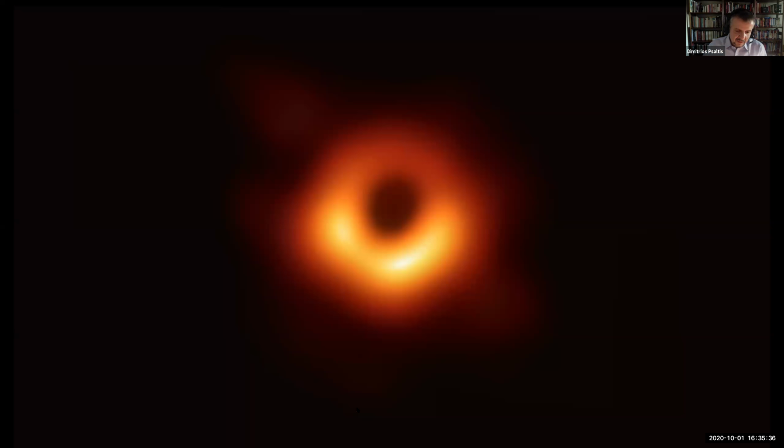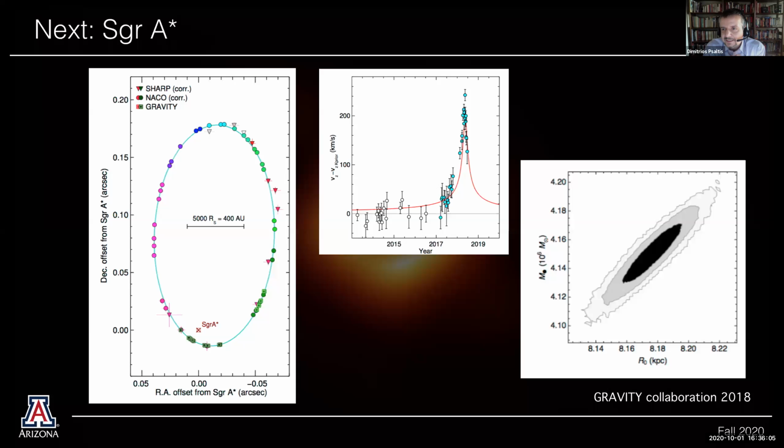But where I think you will, give me 1 second, I stopped sharing, right? I just need to share another figure. What will remove one of those priors extremely quickly is the next black hole, Sagittarius A star, right?